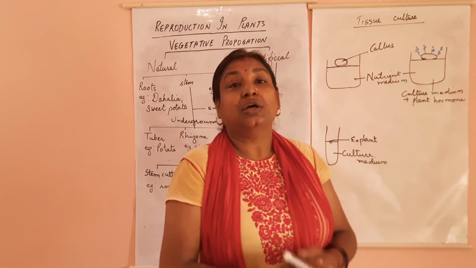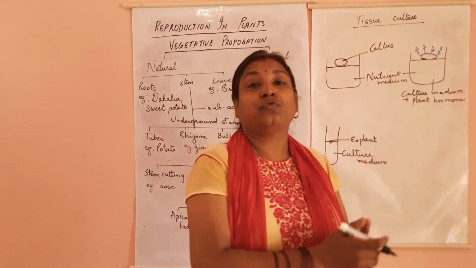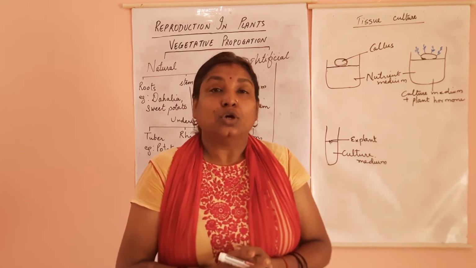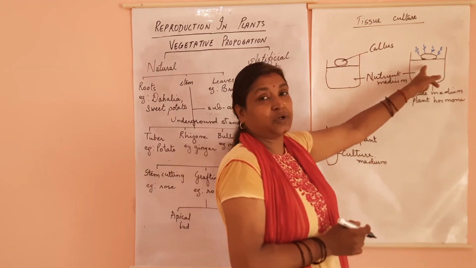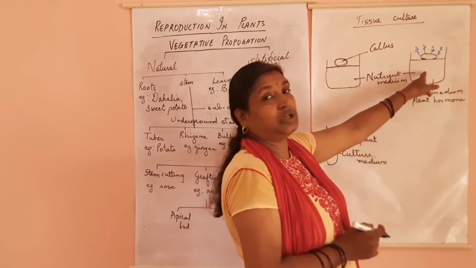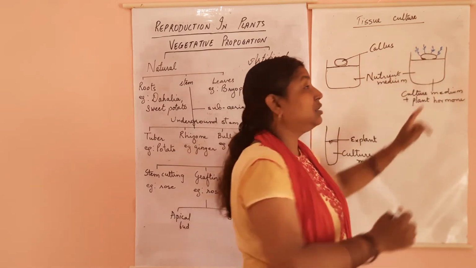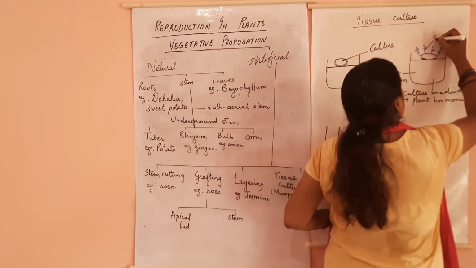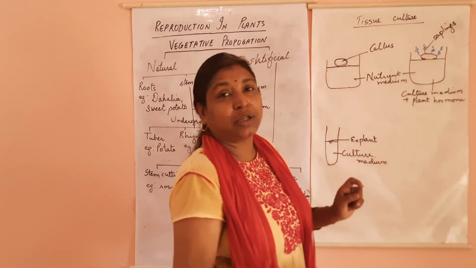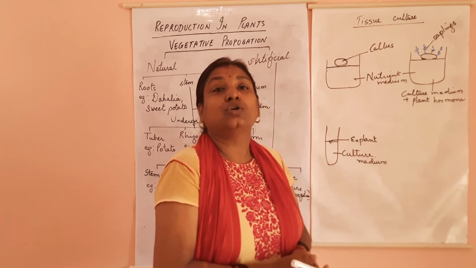Differentiation in the sense which cells are going to form root, which cells are going to form shoot, and which cells are going to form stem and leaves. So plant differentiation takes place because of the growth hormones present in that culture medium, and you will get number of saplings. These are your saplings.